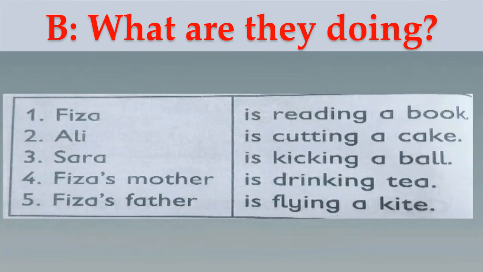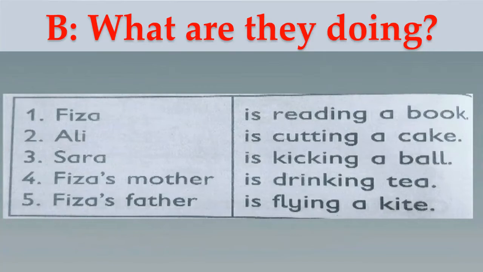The next one is Ali. Tell me, what's he doing? Can you tell me? Yes, Ali is kicking a ball. The next one is Sara.